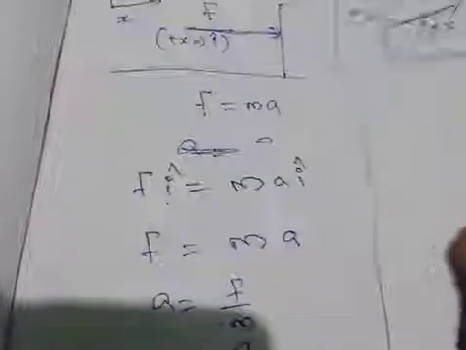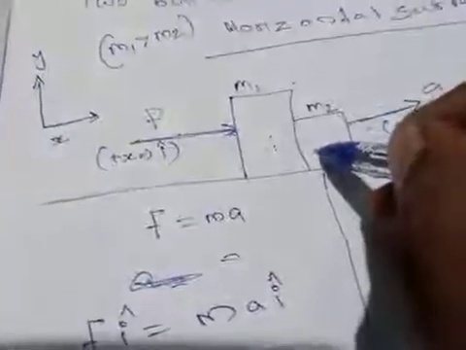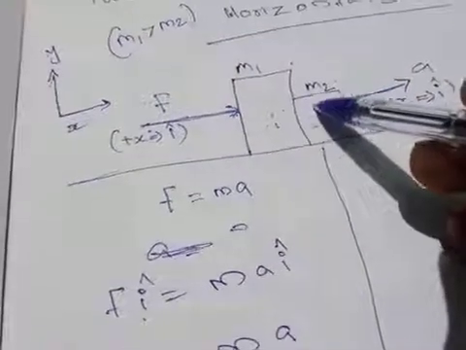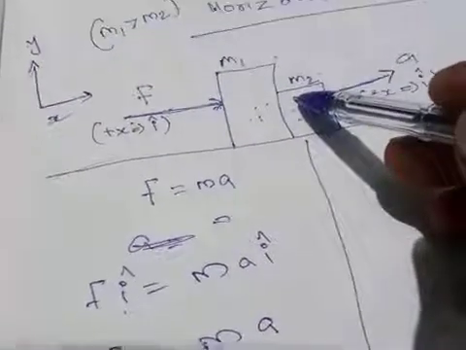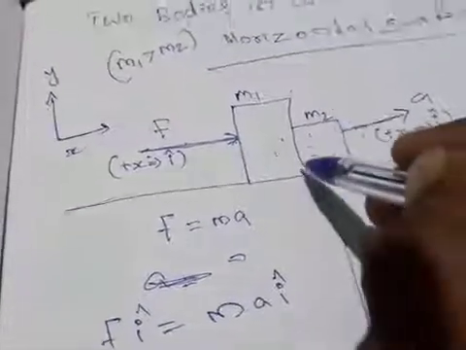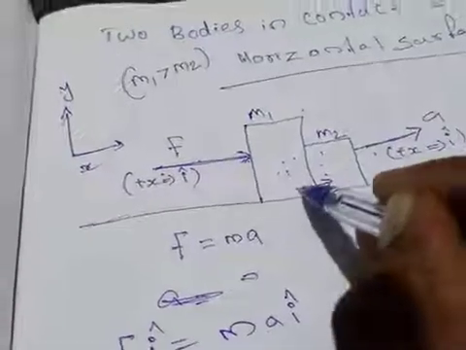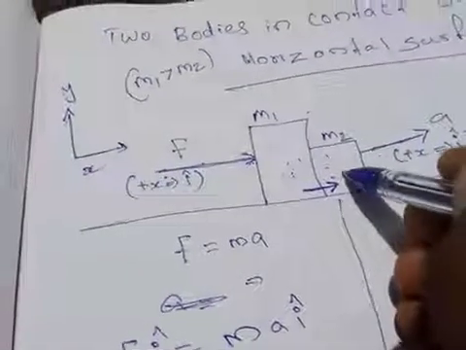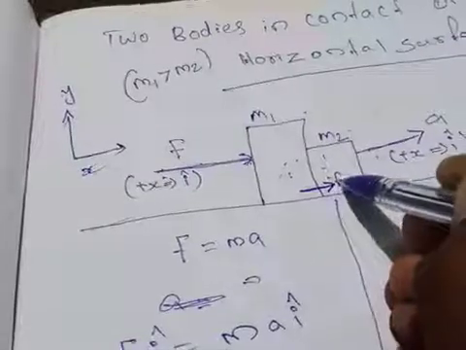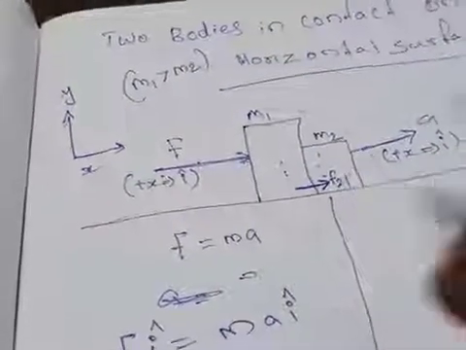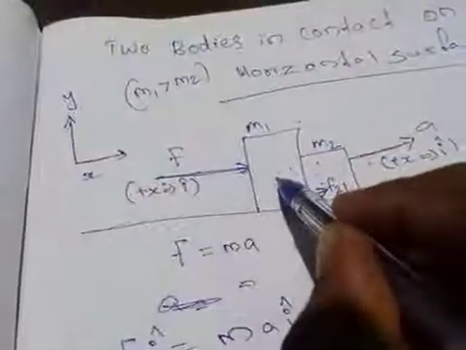Now we can find the force exerted on mass m1 and the force exerted on mass m2. I am applying a horizontal force, capital F, on this. Now m1 will come and hit m2, so there is a force on mass 2 because of mass 1.